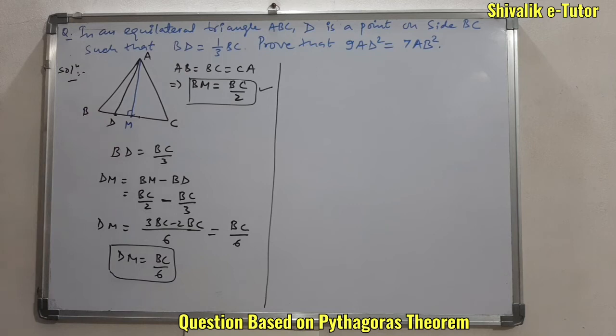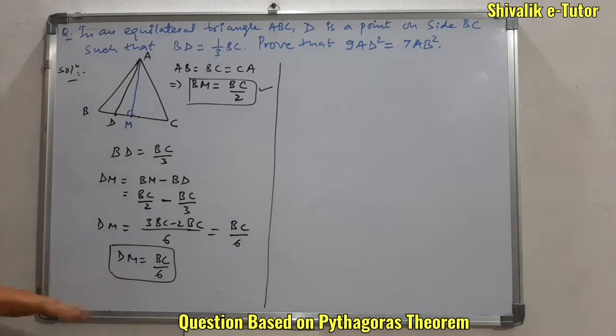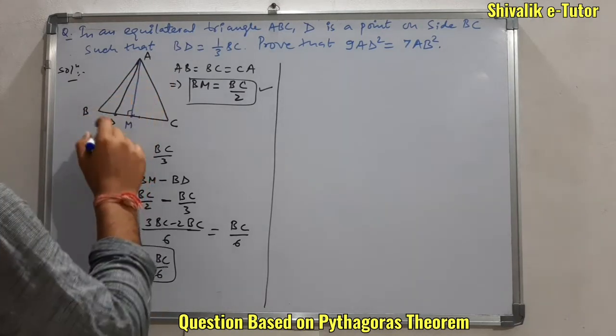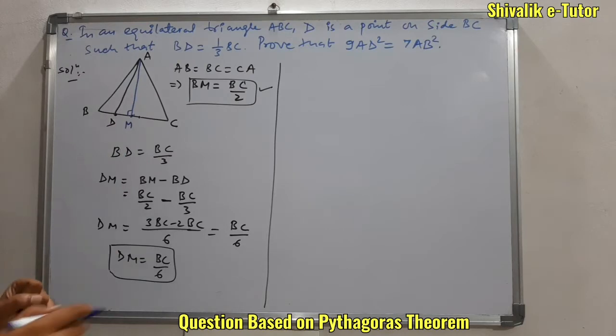Now let us come to the main situation now. So this result we will be using somewhere in the proving of this result, which is 9AD square is equal to 7AB square. Now look at the result. AD is this and AB is this. So we'll be using two triangles which are right angled here.